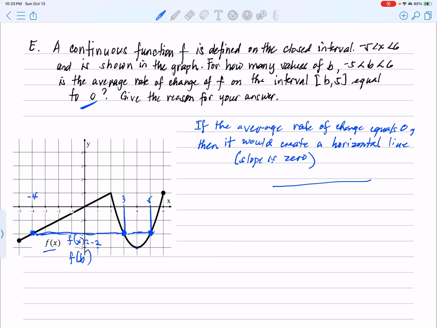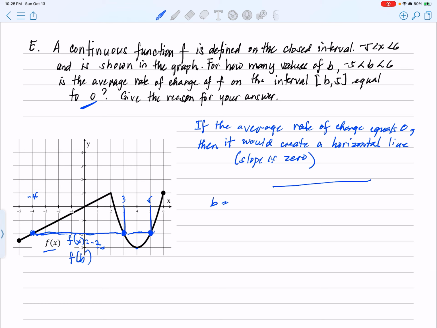Because that is what the values of b are. The f of x would be -2.